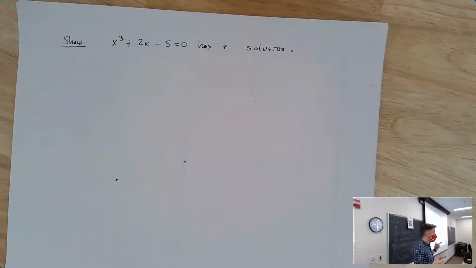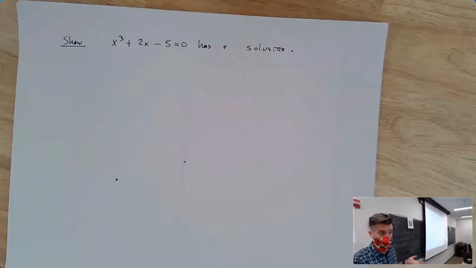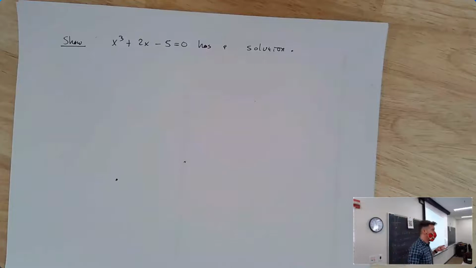Whenever we're trying to do this, if it's not equal to 0, bring everything to one side so that it is equal to 0. Then our job is to find a value where the function is negative and a value where the function is positive, because then as long as it's continuous, it has to go through 0.